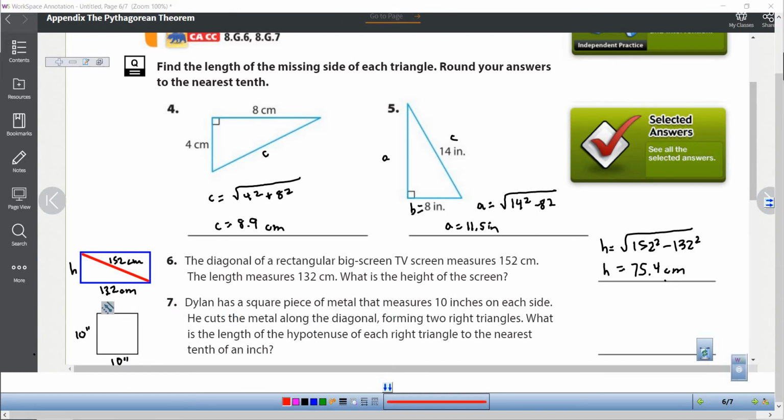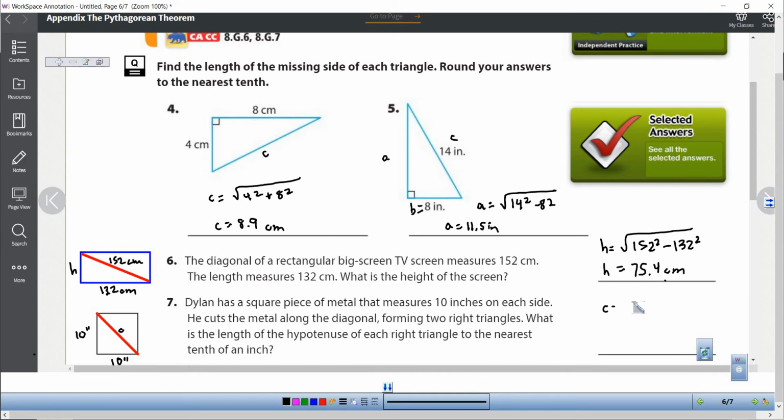And once again, we are trying to find the hypotenuse, which is the diagonal here, right? It cuts the metal along that diagonal, forming two right triangles. The hypotenuse is that cut. We want to know what that is, all right?